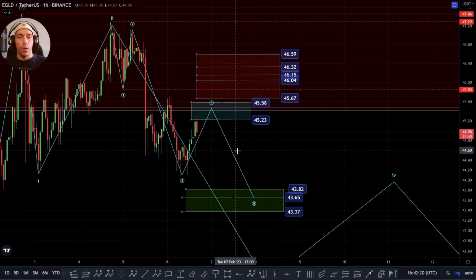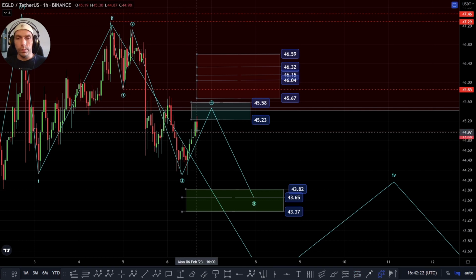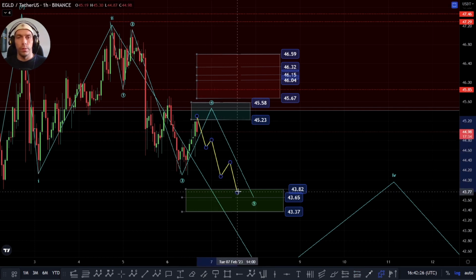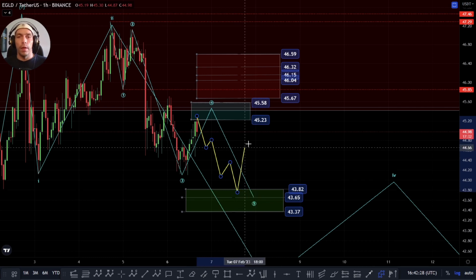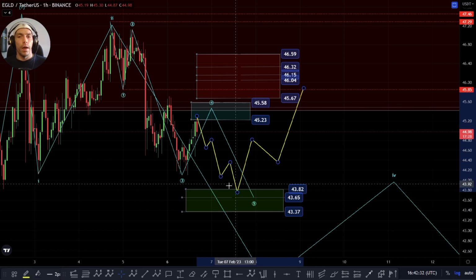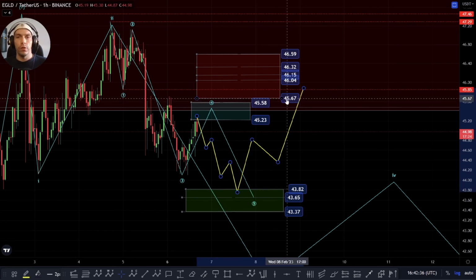What we'd be looking for here is either we're going to come down here and form this 5-wave move in this option, and then we can potentially look for a move up for B wave again, and then that would potentially set us up for a 1 2. The rejection zone currently is sitting at this 45.67 to this 46.59.